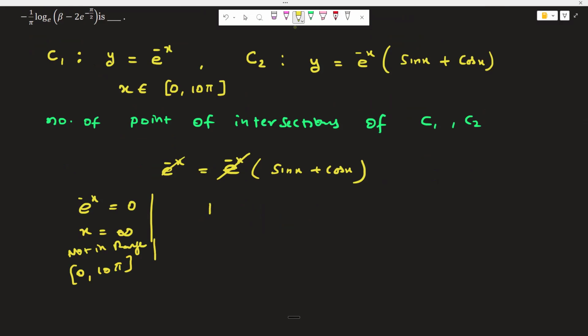Or we can also have 1 is equal to sin x plus cos x, and it is a simple trigonometric equation. Directly by dividing with root 2 on both sides, we can solve this equation.